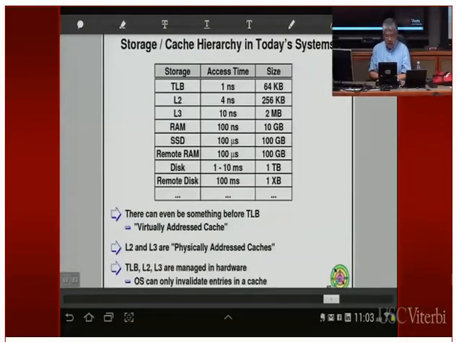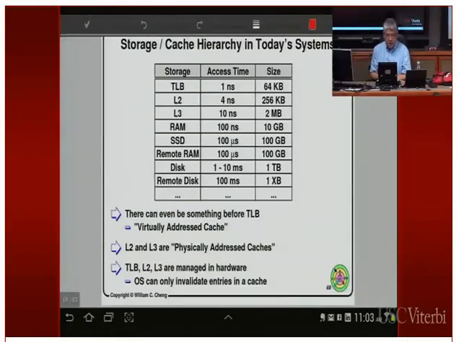Okay, so here is a slide for storage cache hierarchy in today's system. Some people call this a cache hierarchy, because you can think about what's inside your memory as actually a cache of your disk.